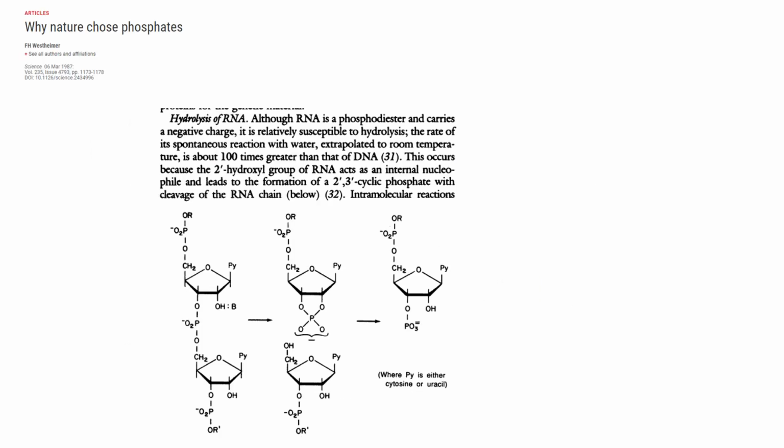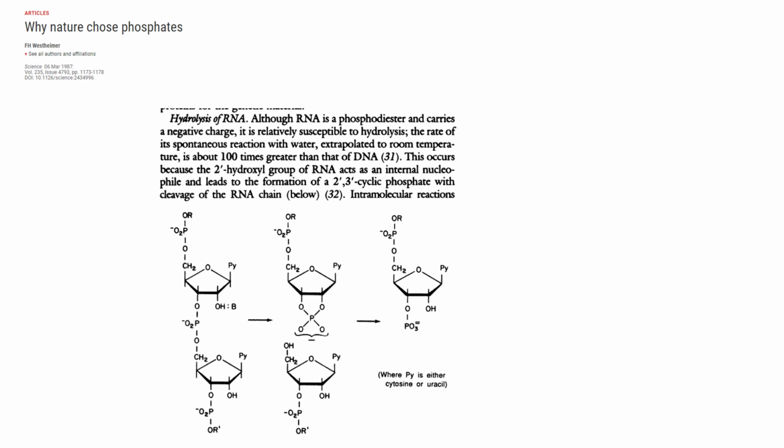So you can see from Professor Westheimer's paper that we referred to earlier, Why Nature Chose Phosphates, the presence of a hydroxyl group at the 2 carbon allows the formation of a 2',3' cyclic phosphate compound to be made that allows for cleavage of RNA, hydrolysis of RNA.